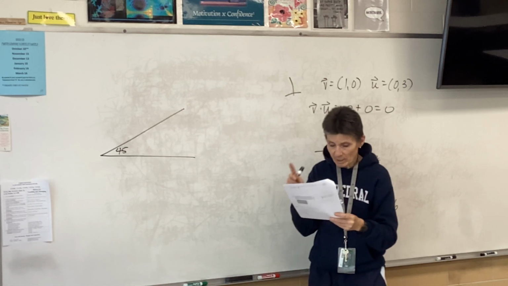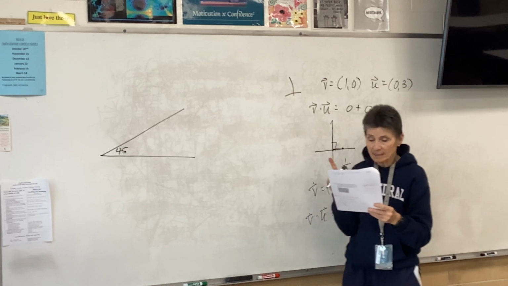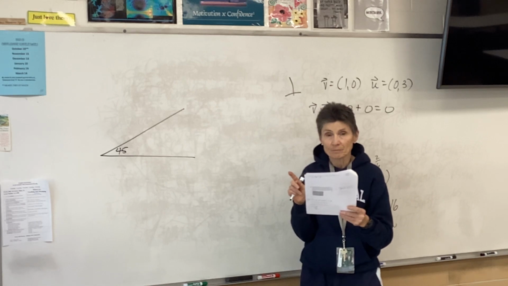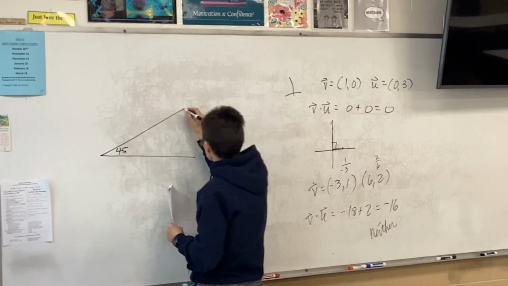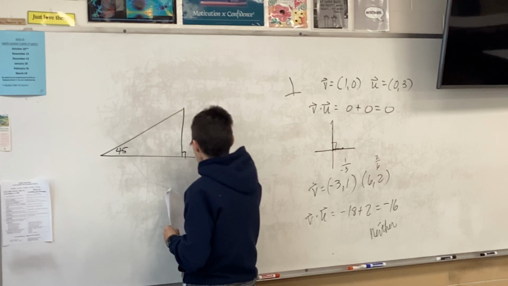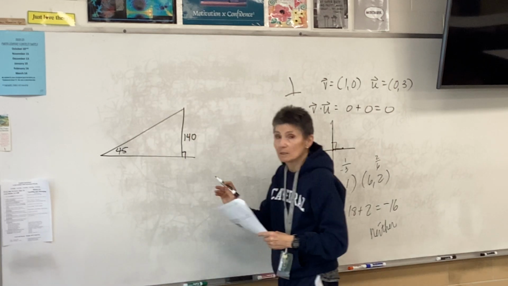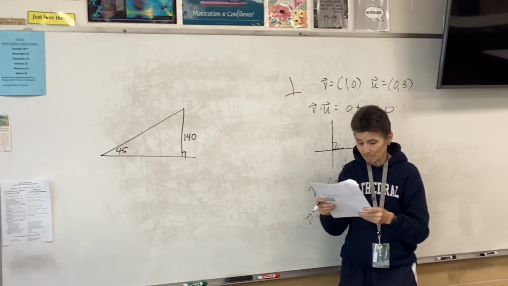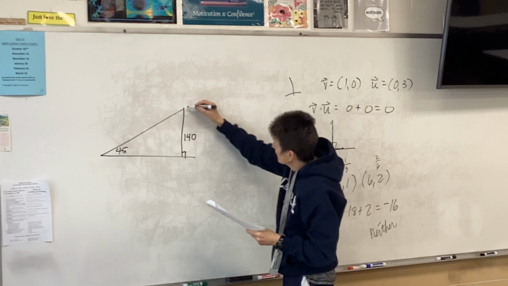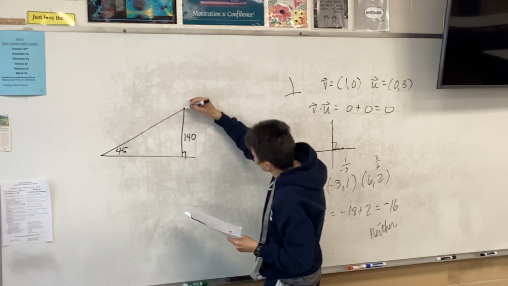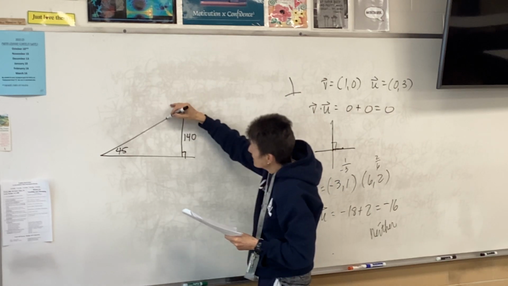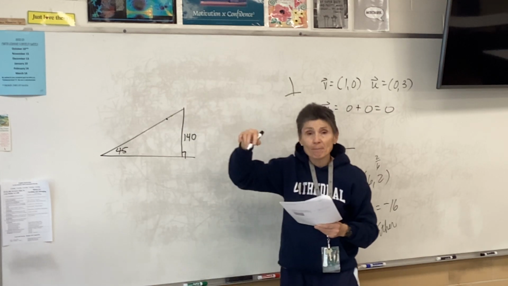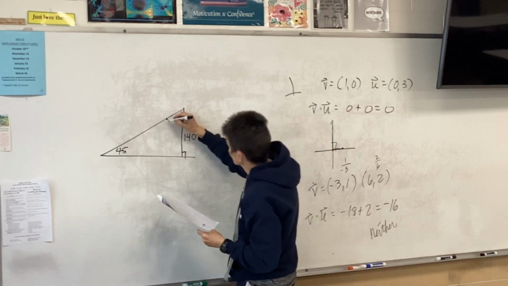Okay, now what do we know? We know that the sled and Juan are 140 pounds. Okay, so Juan, 140 pounds of force. That's what that vector is, 140 pounds. She is holding him and keeping him from sliding down. So we need to know what her force is to stop him from sliding down.